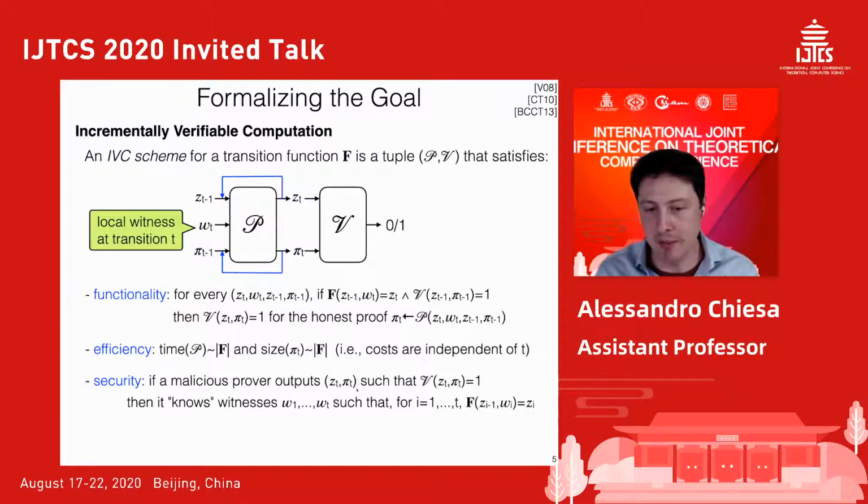So somebody comes and says, here is a string that claims to be the output of applying F to itself T times, and here's a proof that certifies that. Now, of course, if this is a proof that doesn't validate, then you can tell this person to go away. But if it does validate, then you want some guarantees. The guarantee says the following: you can efficiently extract, using some cryptographic extractor from the malicious prover, T witnesses, such that they witness correct transitions leading up to ZT.